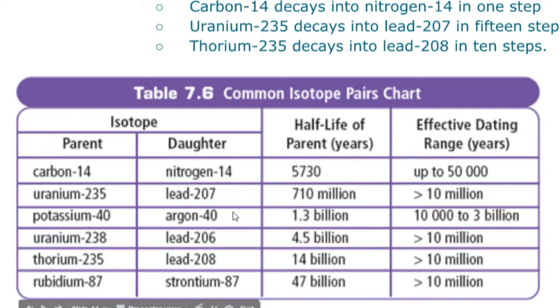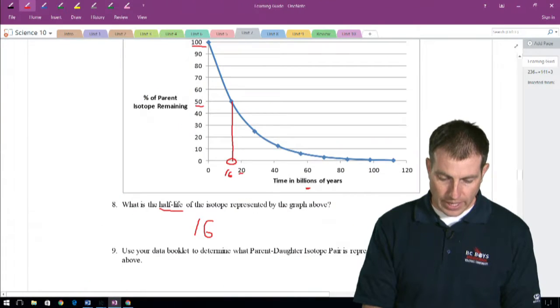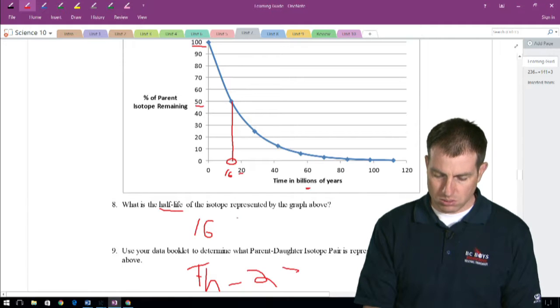Thanks, Madison, for having a look at that. So yeah, the closest is the thorium-235. So what I'm going to do is I'll go back to my learning guide, and I looked in my data booklet, and it's thorium. I'll give you the symbol, thorium-235.